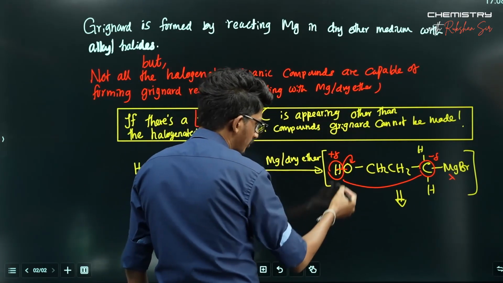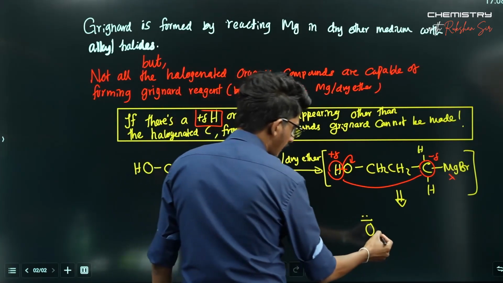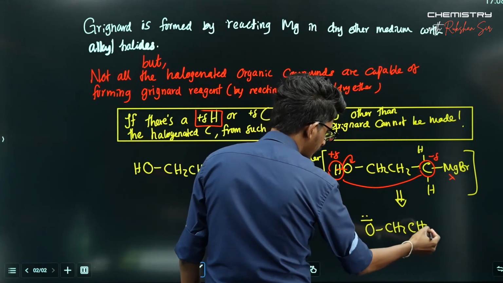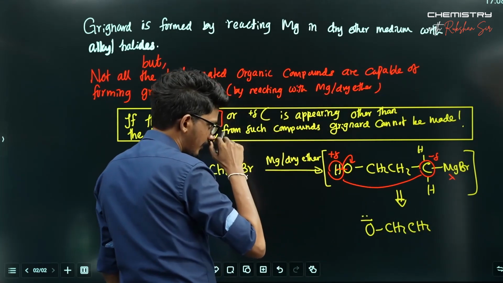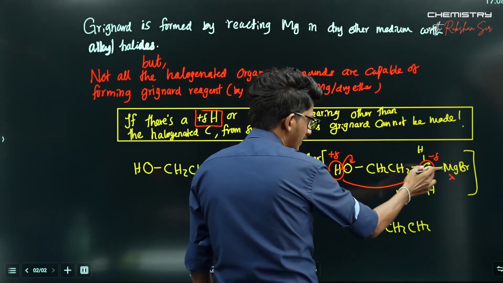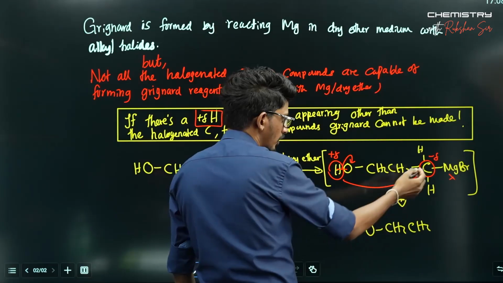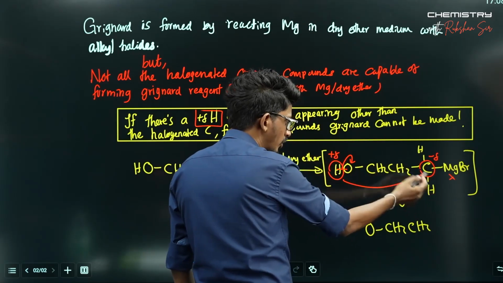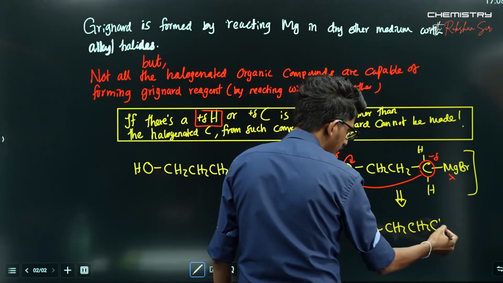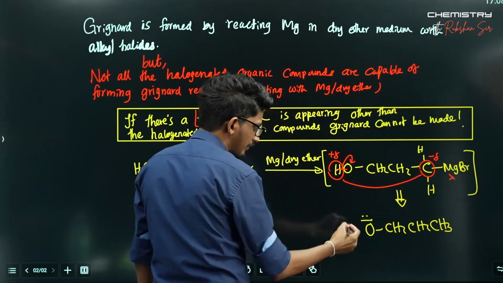These electrons are coming towards oxygen, forming O minus like this, and you have this CH2. This carbon will gain this hydrogen; it already has 2 hydrogens and gains this one as well, so it becomes CH3. The released MgBr plus will appear here.